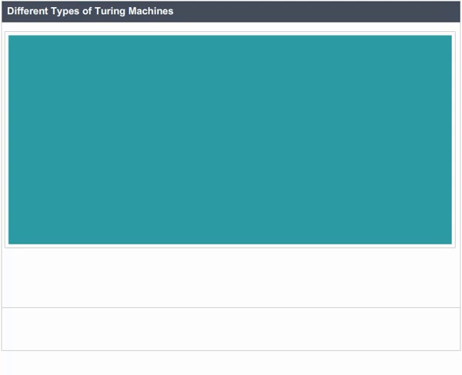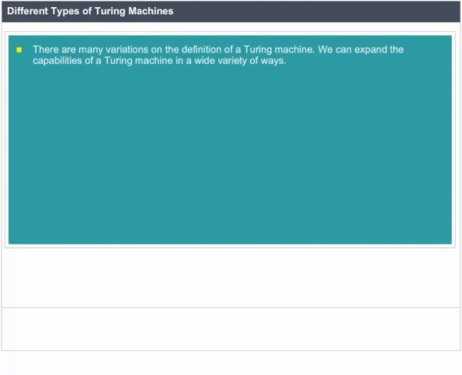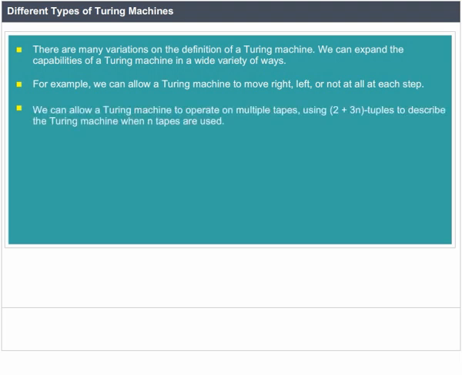Different types of Turing machines. There are many variations on the definition of a Turing machine. We can expand the capabilities of a Turing machine in a wide variety of ways. For example, we can allow a Turing machine to move right, left or not at all at each step. We can allow a Turing machine to operate on multiple tapes, using 2 + 3n tuples to describe the Turing machine when n tapes are used.